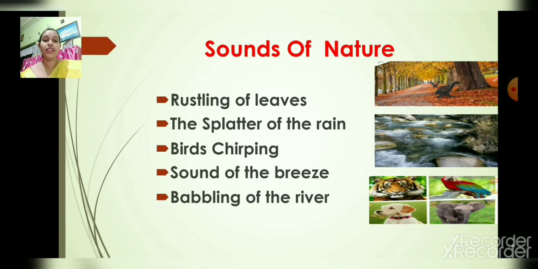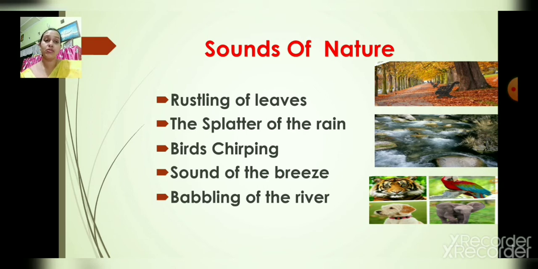Sound of the breeze. Sulange sadde. Sound of the breeze. Bubbling of the river. I know you have experienced these nature sounds.